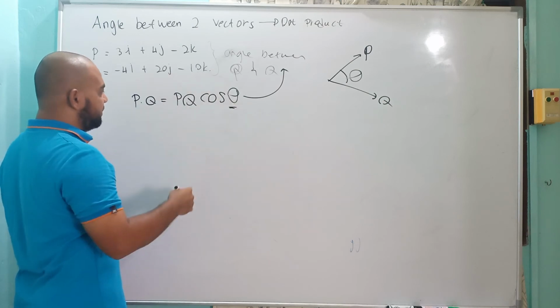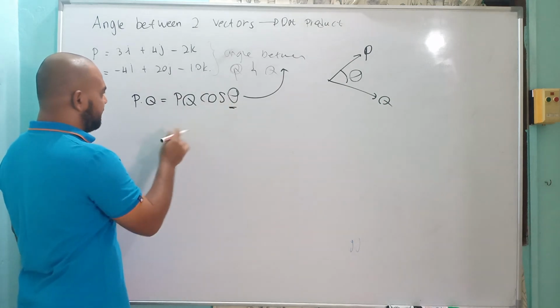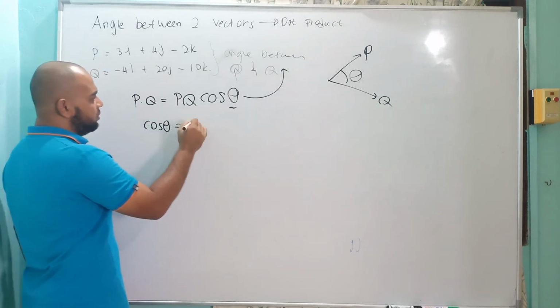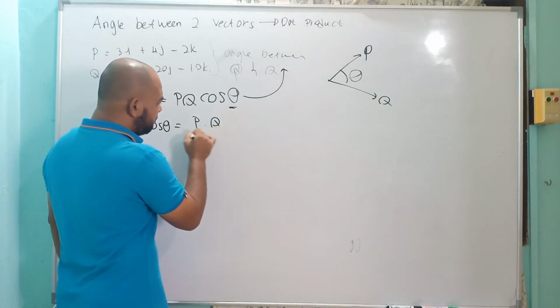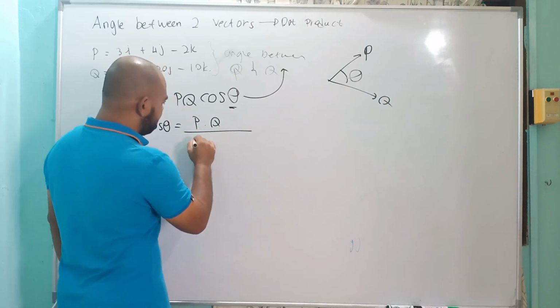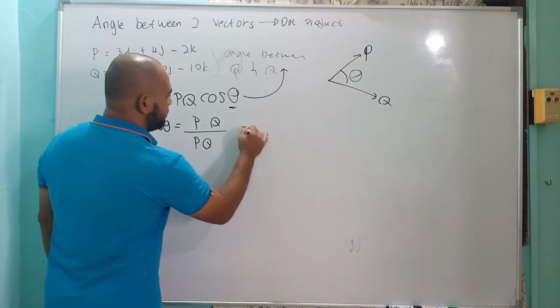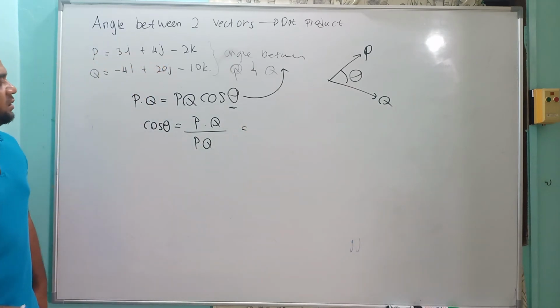Let me rephrase everything. We want to have the cos theta, so cos theta equal to P dot Q divided by PQ. Okay, rearrange everything. What is P dot Q?